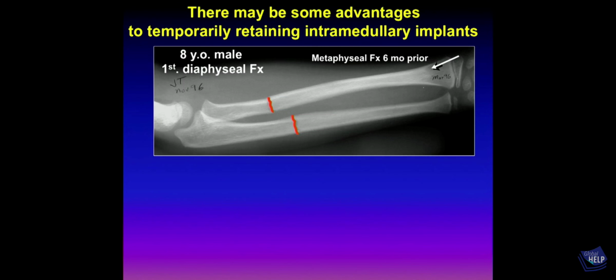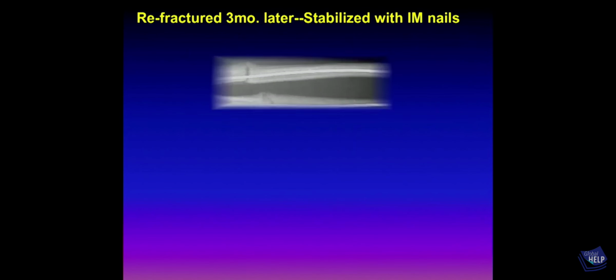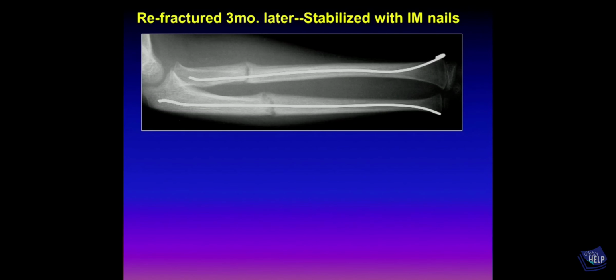And you can see he had a metaphyseal fracture 6 months prior. So he was placed in a long arm cast, and we removed the cast after the 8 weeks, and he refractured. So we went ahead and stabilized him with IM nails.